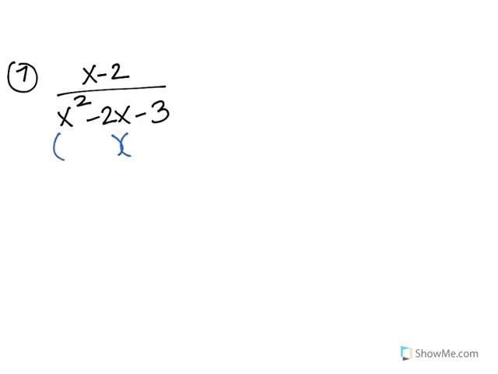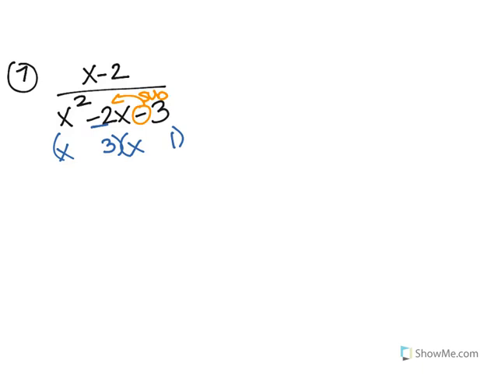And then number 7, you have on the bottom x squared minus 2x minus 3. You have a trinomial on the bottom. So you do know we would need to factor this first. X is in the front. We are subtracting to get 2. So our only option would be 3 and 1.